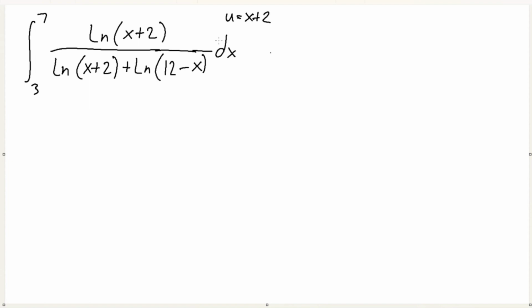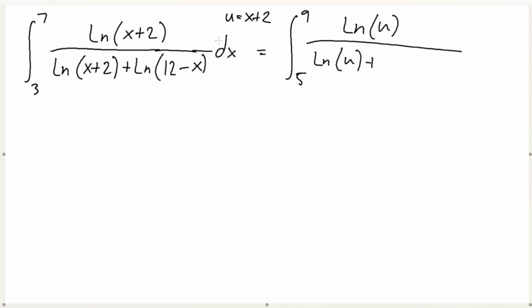And when we do this, we get 5. This would be 9. This would be ln of u plus ln of, what would this be? x is equal to u minus 2. So u minus 2, 14, 14 minus u.